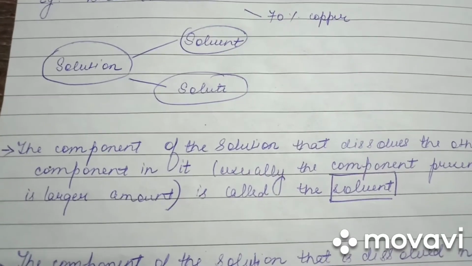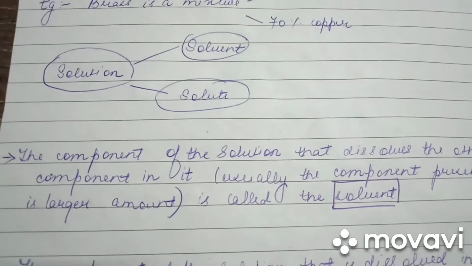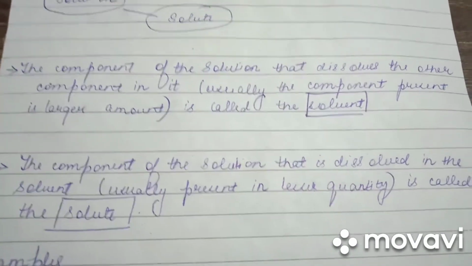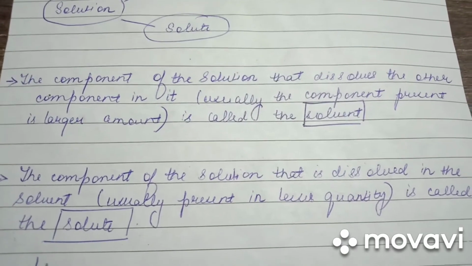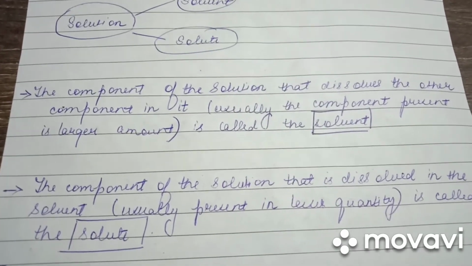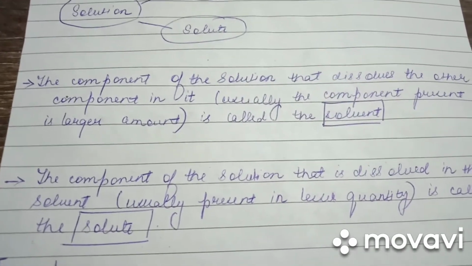For example, in a mixture of salt and water, solvent is the water. Similarly, the component of the solution that is dissolved in the solvent is called the solute. As in case of the mixture of salt and water, salt is the solute.